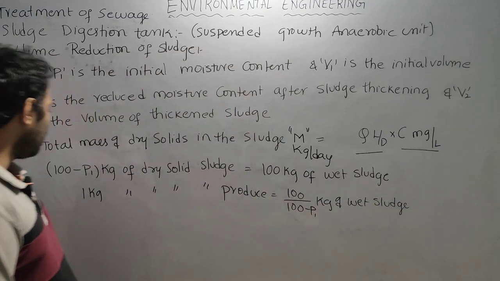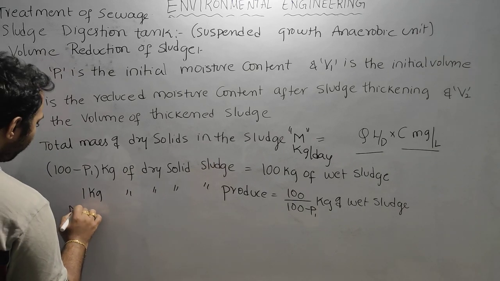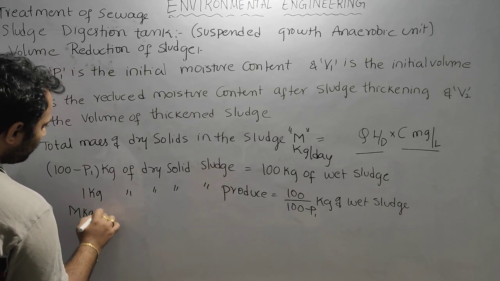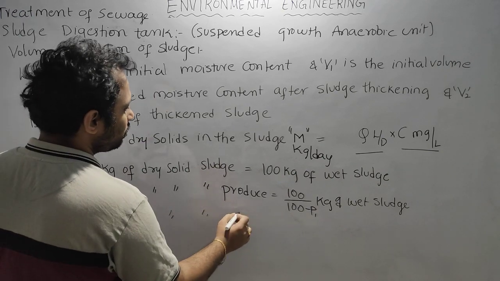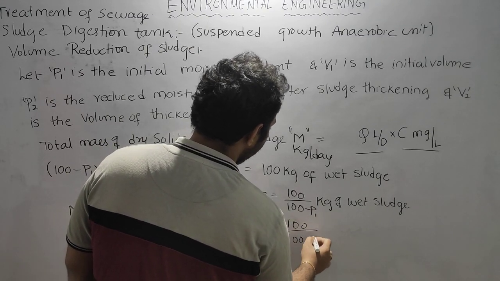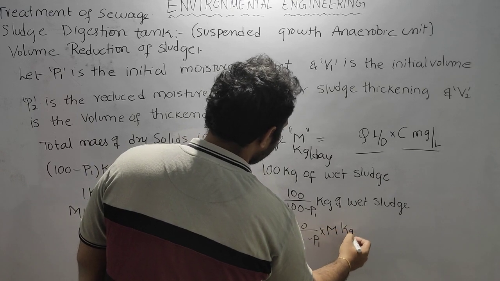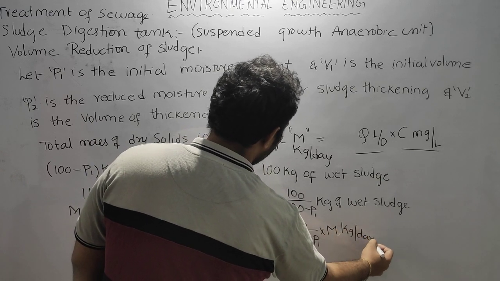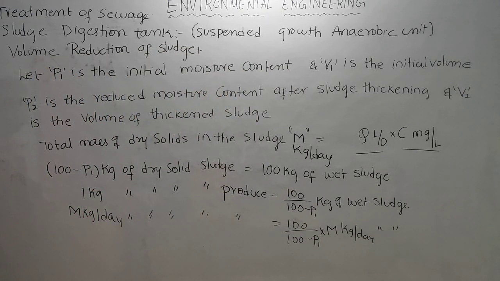So m kg per day of dry solid sludge will produce 100 by (100 minus P1) into m kg per day of wet sludge.